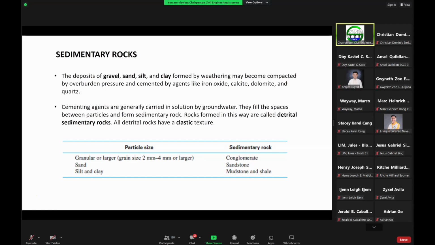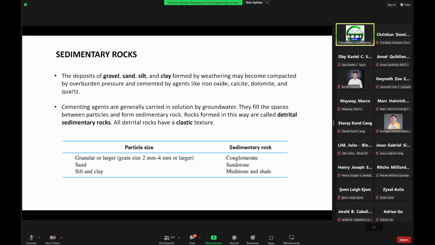Now, the types of sedimentary rocks formed depend on the particle size being cemented, or being bonded together. For example, for granular or larger particle sizes, say grain sizes between 2 to 4 millimeters or larger, when these particles are cemented together, they can be called conglomerate rocks.